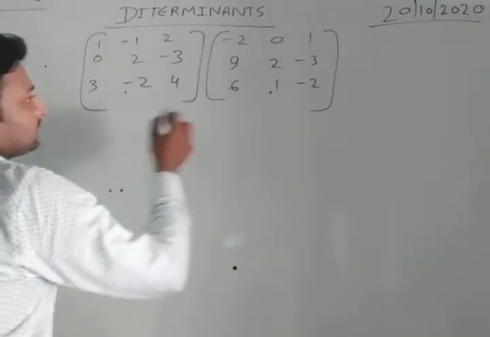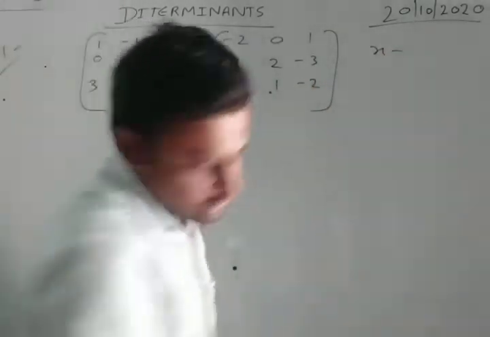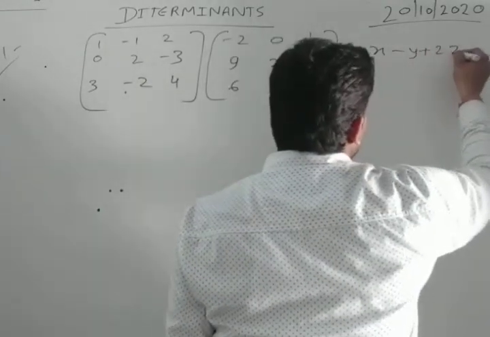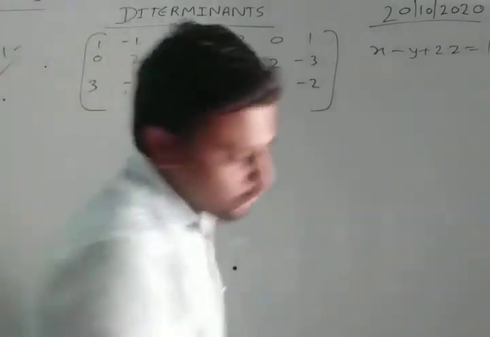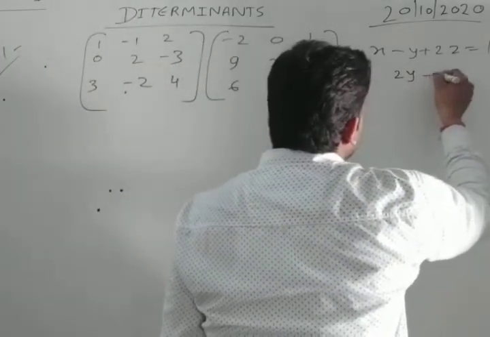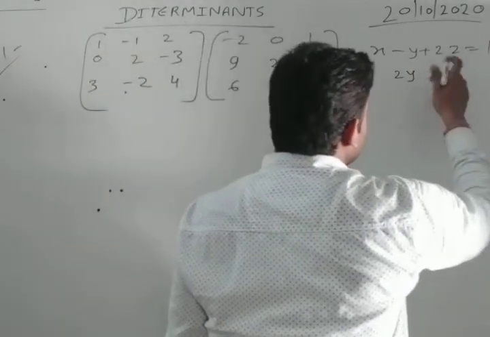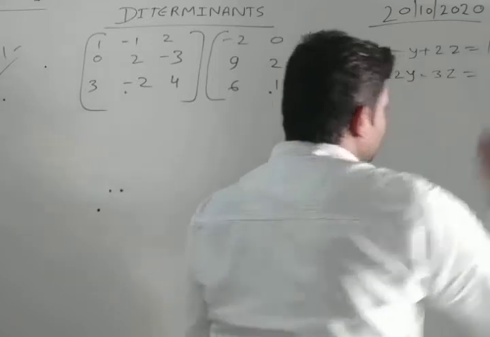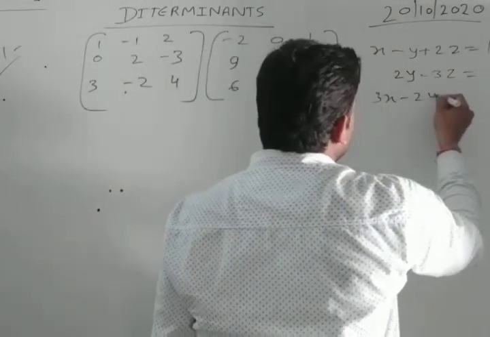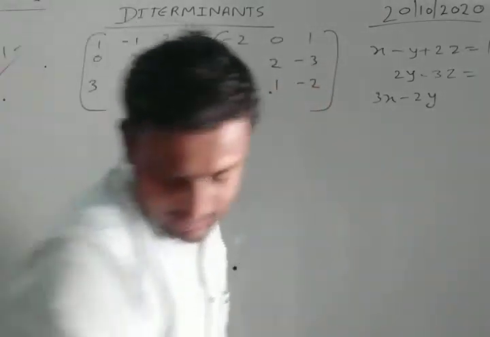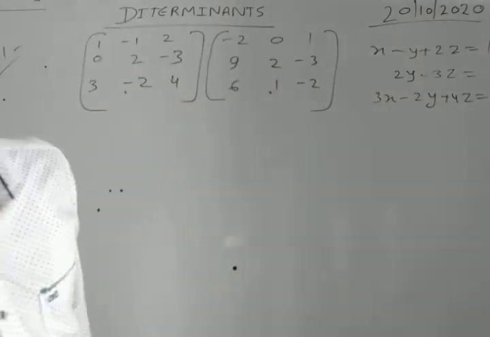The equations are x minus y plus 2z is equal to 1, 2y minus 3z is equal to 1, 3x minus 2y plus 4z is equal to 2.